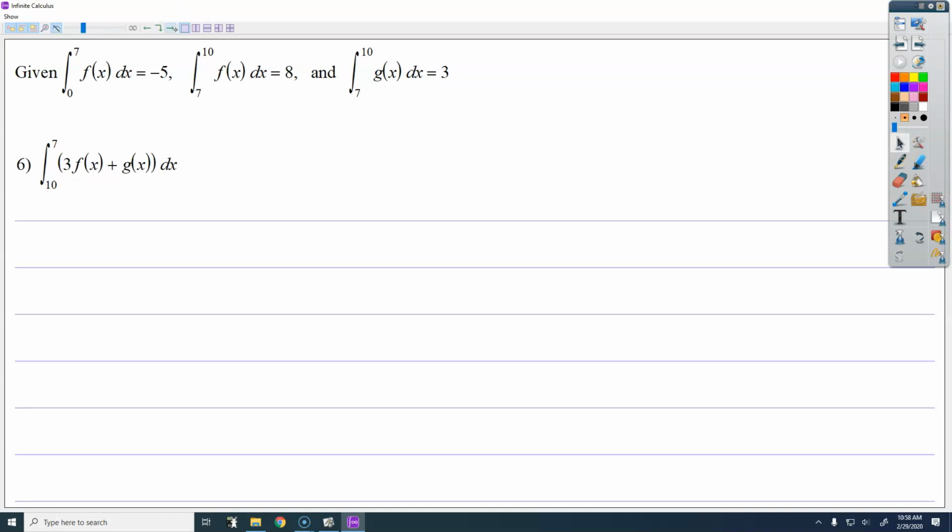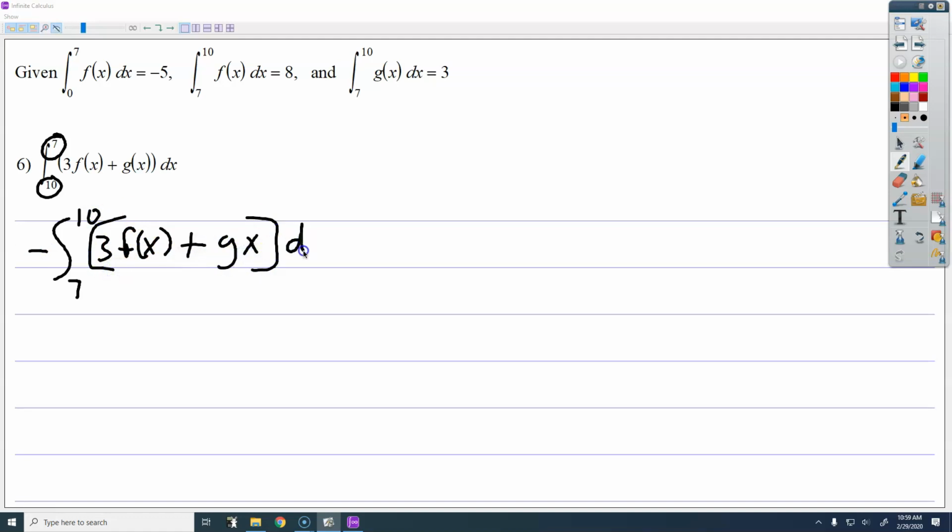So for this one, we're going to apply a few properties as well. First of all, we don't really care for the limits being backwards. We like the smaller one on the bottom. So we need to reverse that and put a negative in the front. The next thing is we're going to distribute this integral in to each one separately.